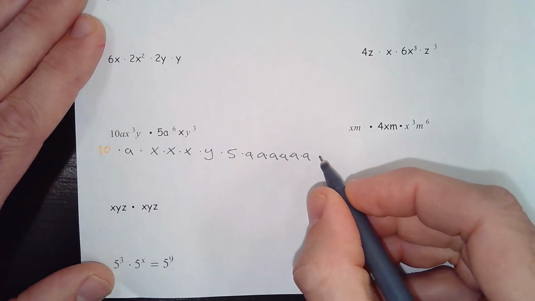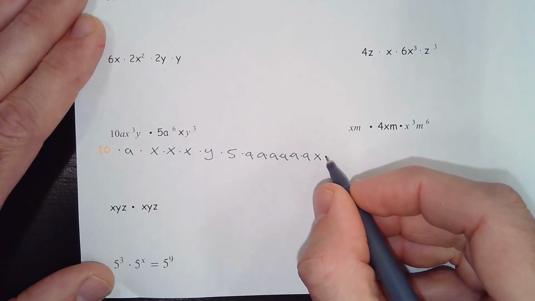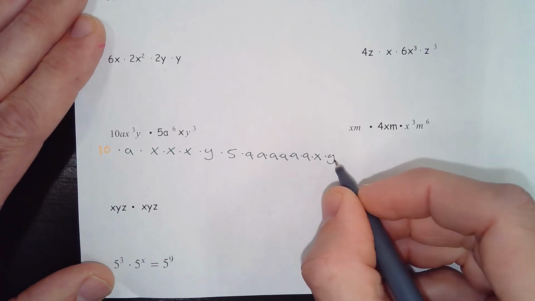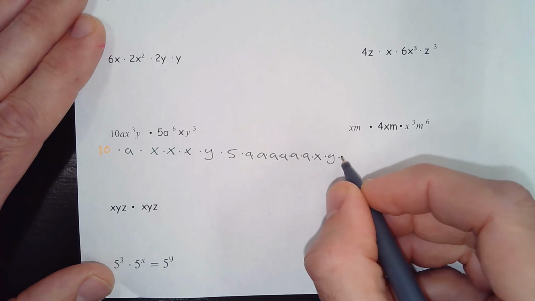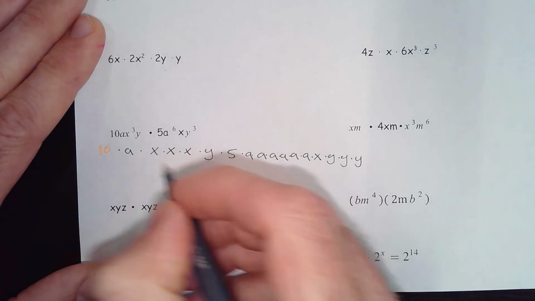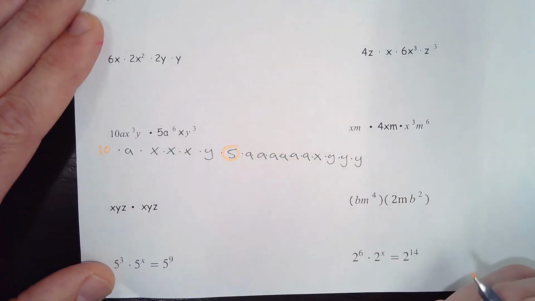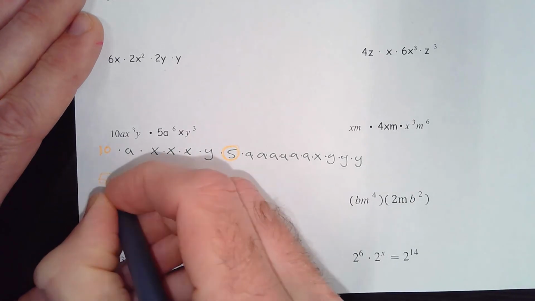And then this is a long one, times x times y, 3 times. So now let's see what we have. We have just two numbers, so 10 times 5 is 50.